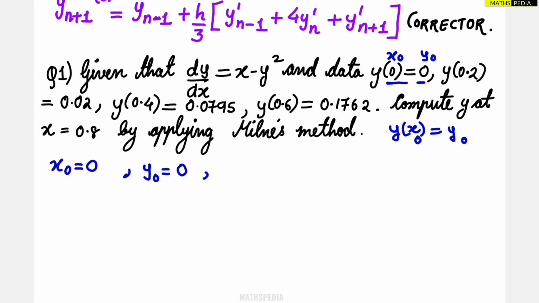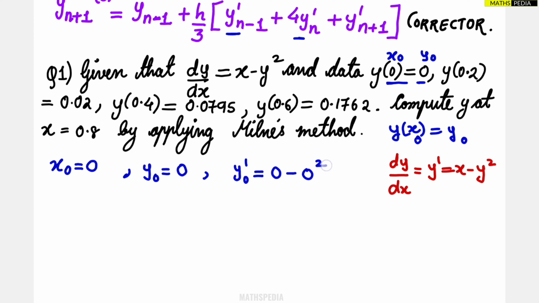Next we have to find the y dash, because in the formula you might have seen y dash is there. So y dash of 0, which is equal to dy by dx, which is x minus y square. Here in place of x I am going to put 0 and in place of y I am going to put 0. So what will be the answer? 0.